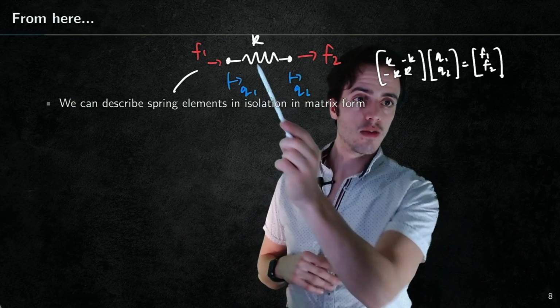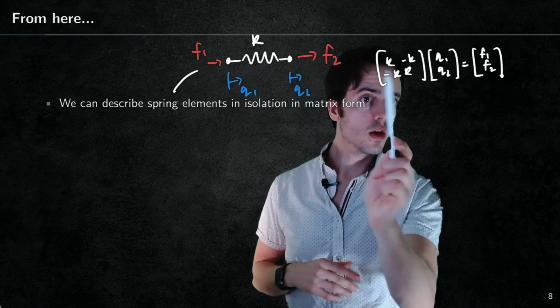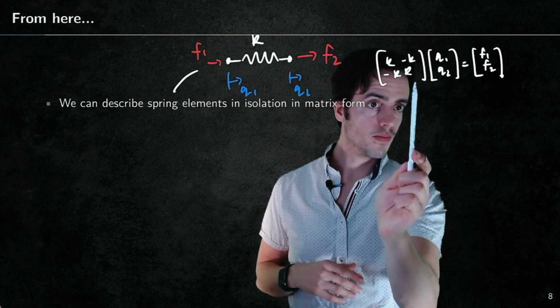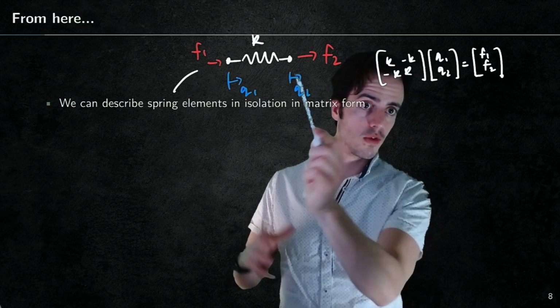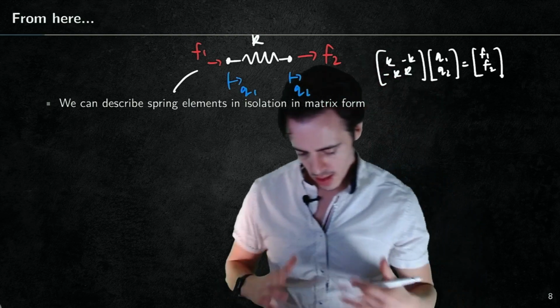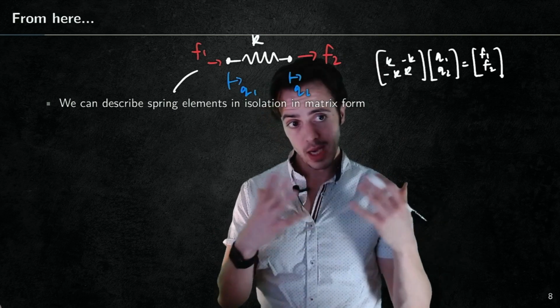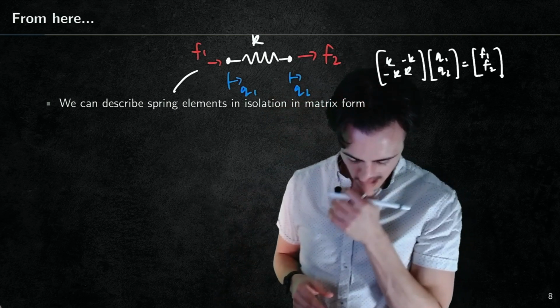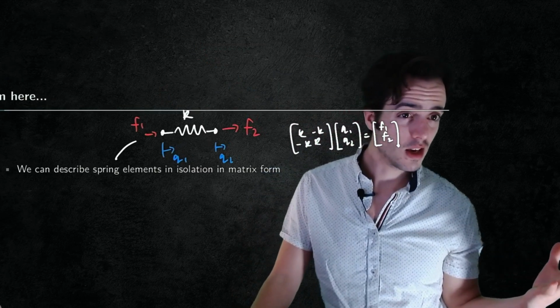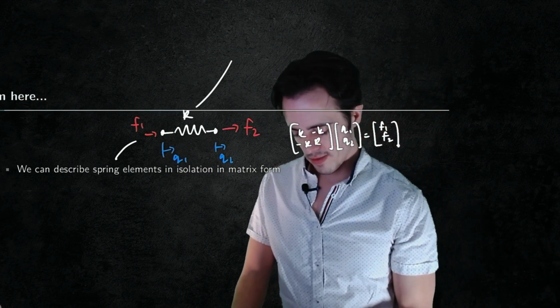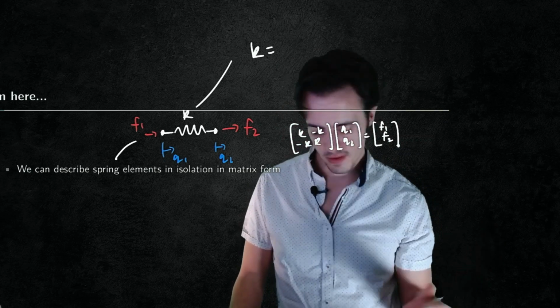And we can see that for this one we've got two nodes, so we've got a 2 by 2 stiffness matrix. If I put a third node on here, we'd have a 3 by 3 with the two springs joined together. So we're going to look at that in matrix form, how we put things together. And then we're going to realize that if we want to look at trusses, we haven't got springs, but K is simply the stiffness of our structure.